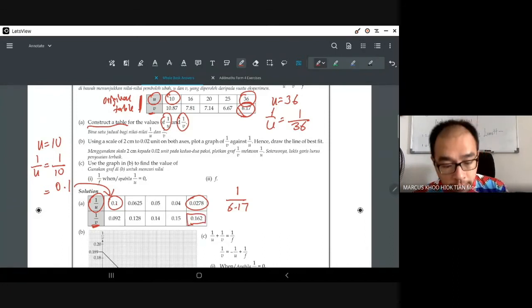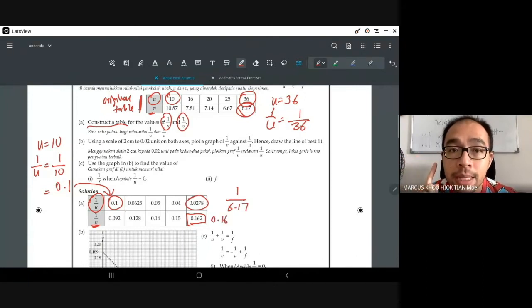If you do 0.16, also can, no problem. But the minimum is 2 decimal places. Never until you become 1 decimal place only. In the table, I want minimum 2 decimal places. Make sure that is done in that way.